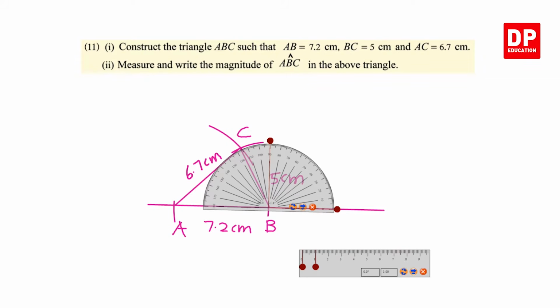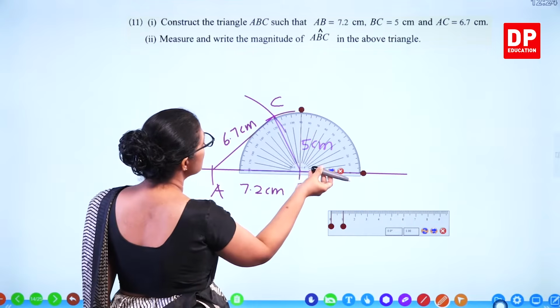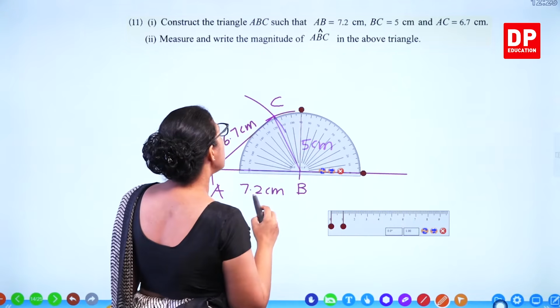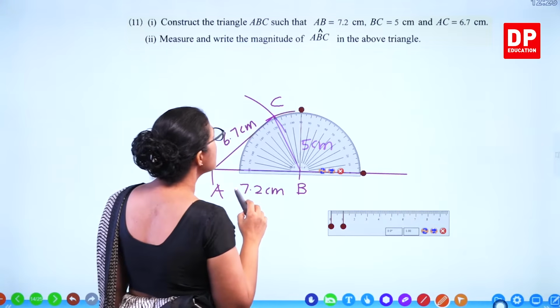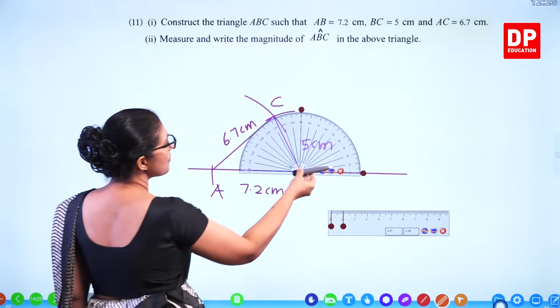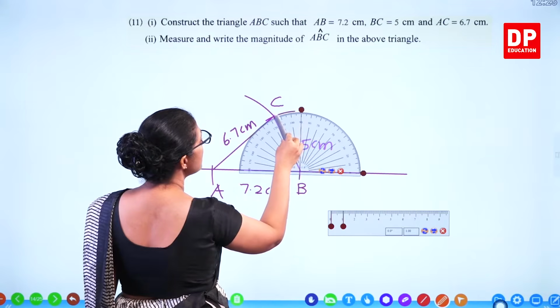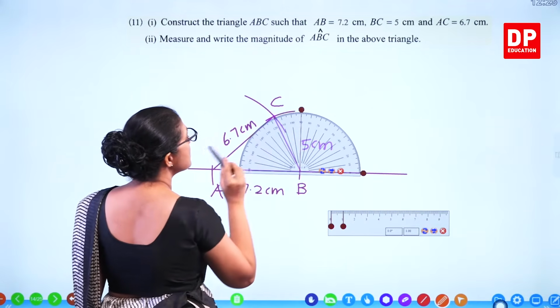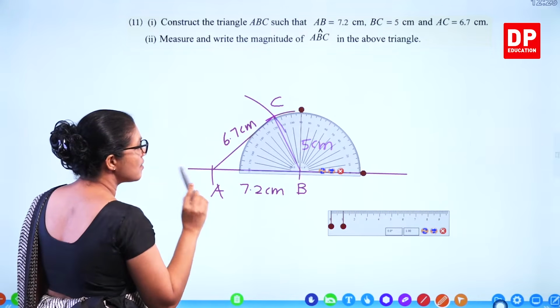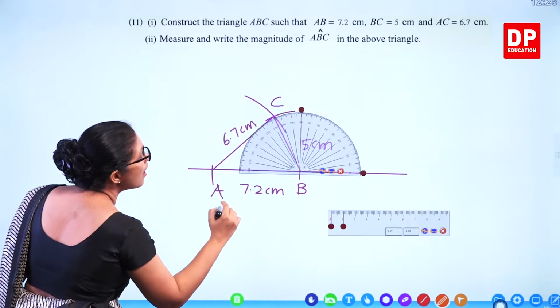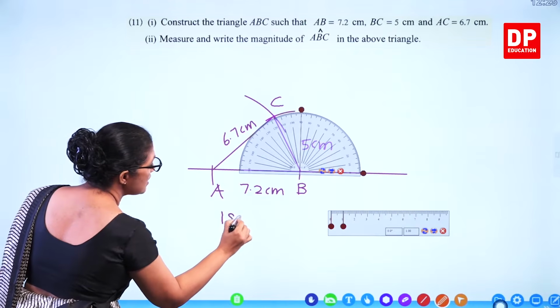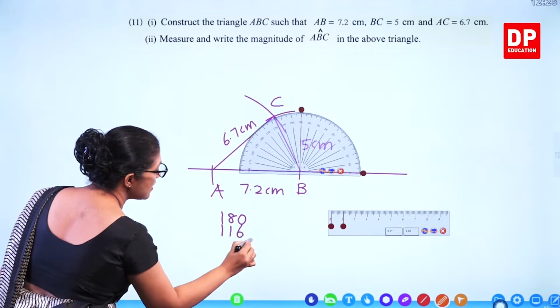So what's the angle? Here to here, that's 116. Here to here, we are getting 116. So what's the angle this way? 180 minus 116.